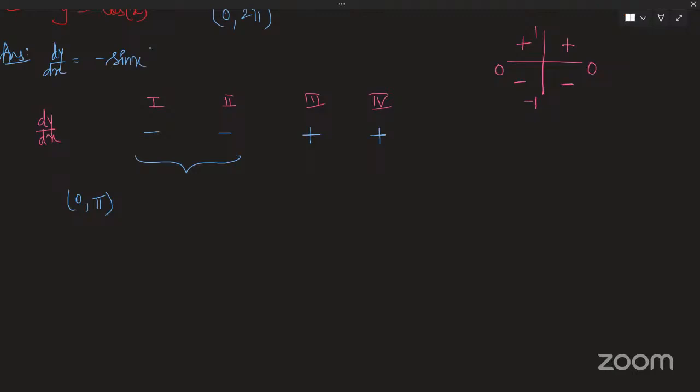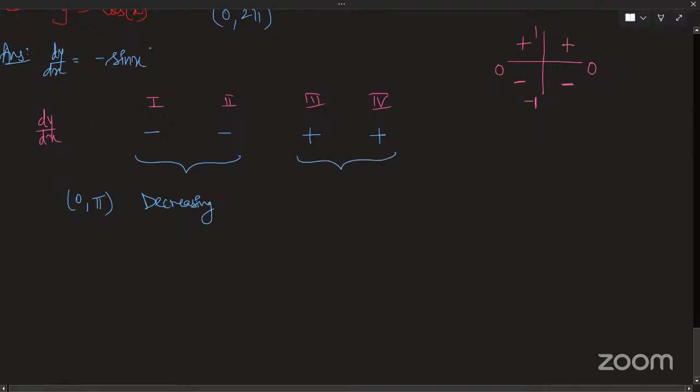Great. Correct. And between the third and fourth quadrants, what is my angle? Pi and 2 pi, right? And from pi to 2 pi, it is increasing. Correct? Okay, great.